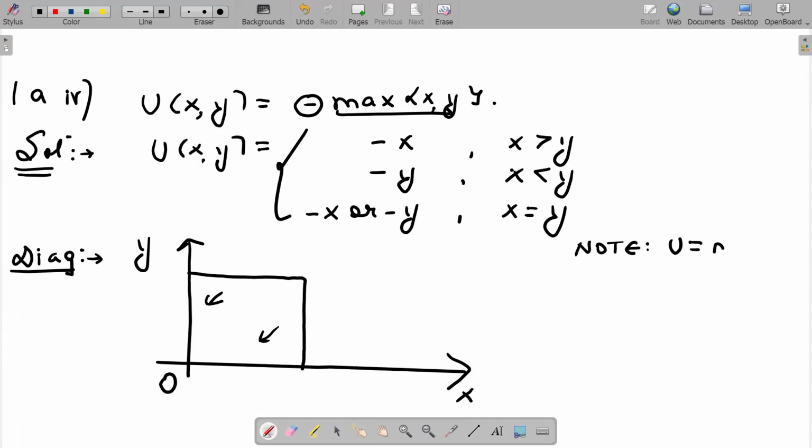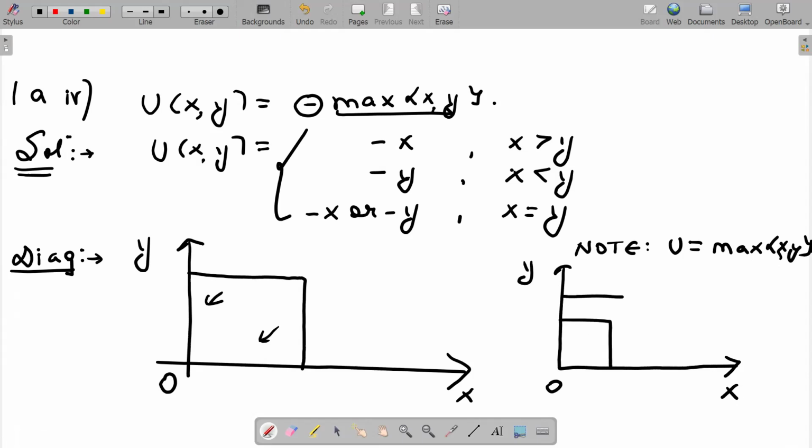When you have u equal to just max of xy, then my utility increases in the northeast direction. Higher indifference curves are in the northeast direction. But instead of max of xy, if I have minus of max of xy, utility will increase in the southwest direction, the opposite direction. That means my utility curves are increasing in this direction.